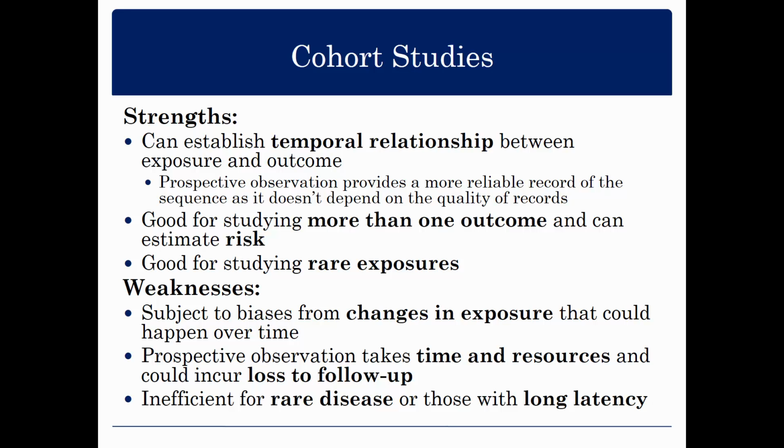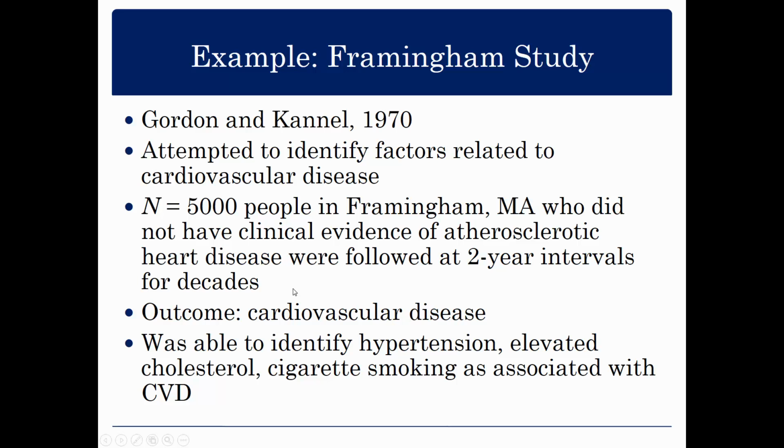So if we think about hormone replacement therapy, what if women are on it and then they're off it and then they're back on it? Or birth control, on it, off it, or smoking. They smoke for a while, they stop smoking. So it becomes difficult. There's noise and even bias that could arise because exposure status can change. So you have to be clear about how you define that.